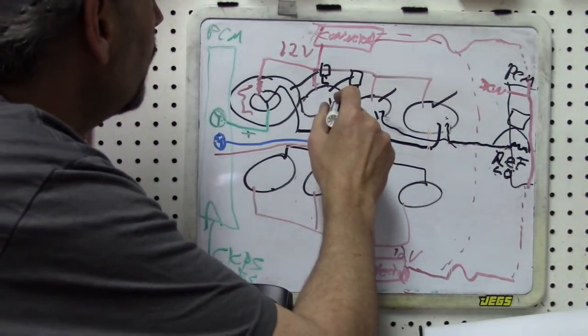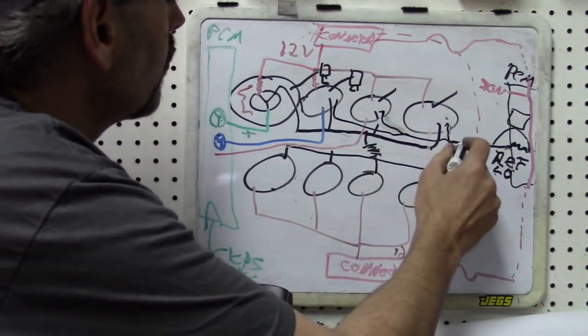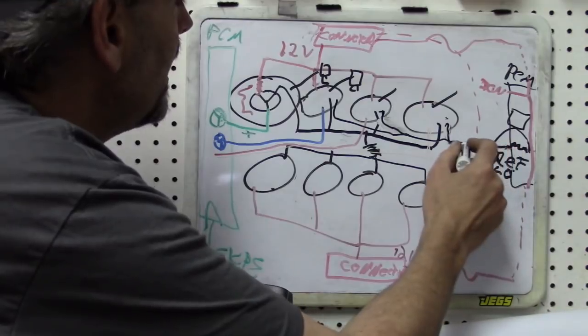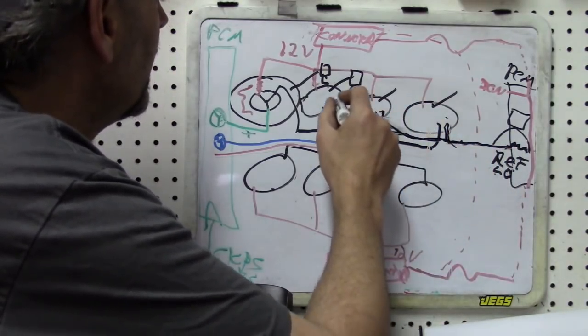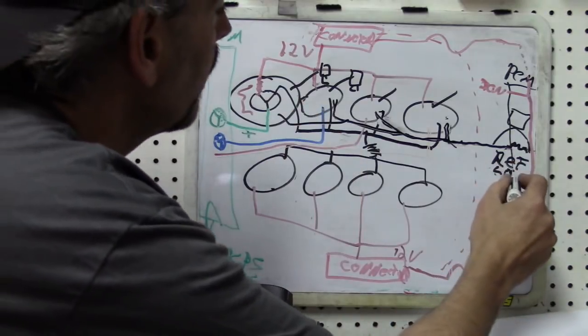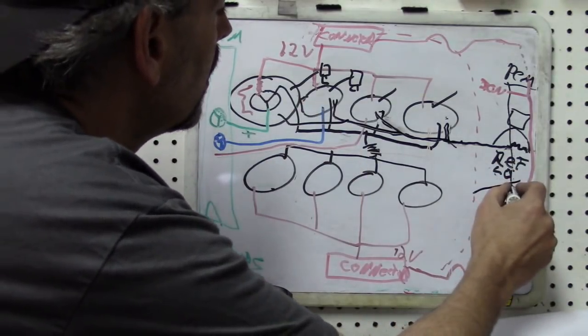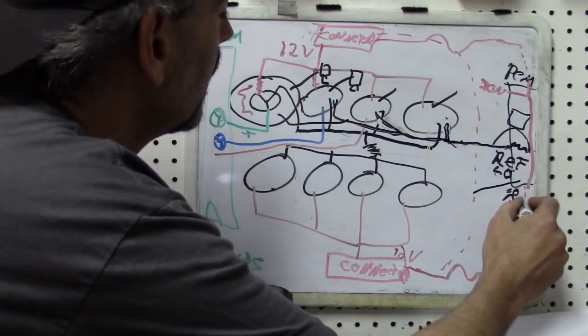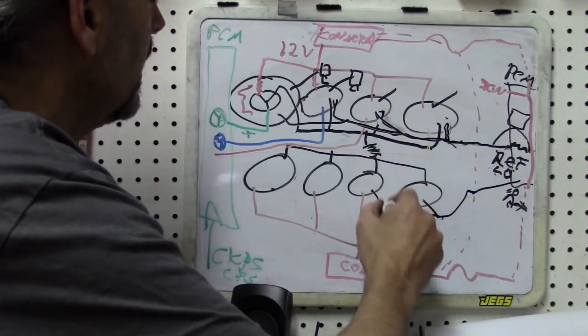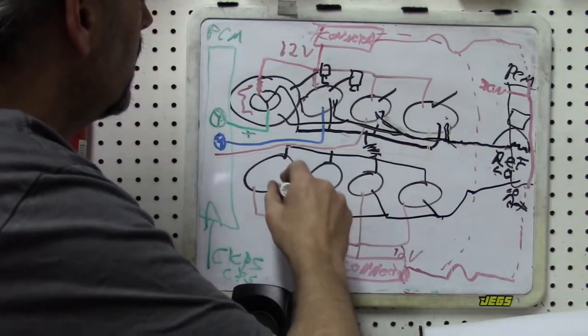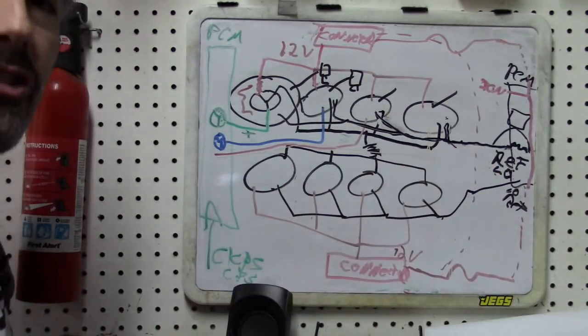Now, this one caught me by surprise. This low ref is shared on each one per bank. Okay, there is another low ref here that is also shared. Okay, so there's our 7 wires.